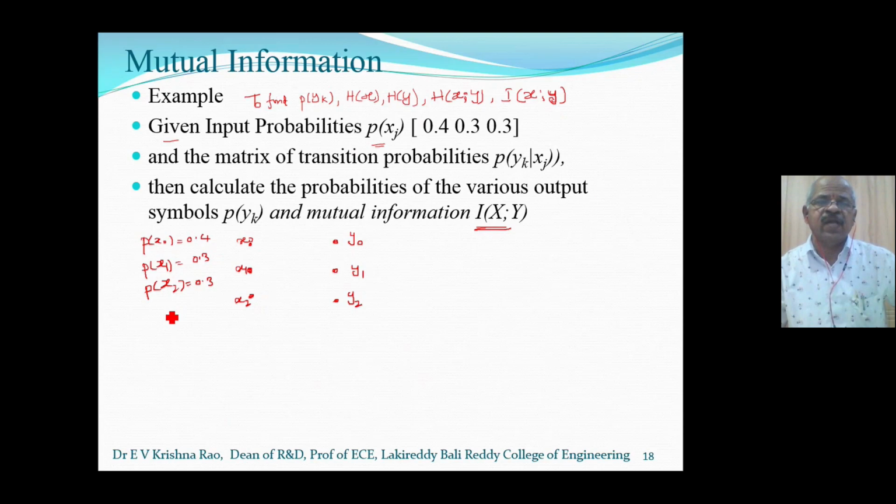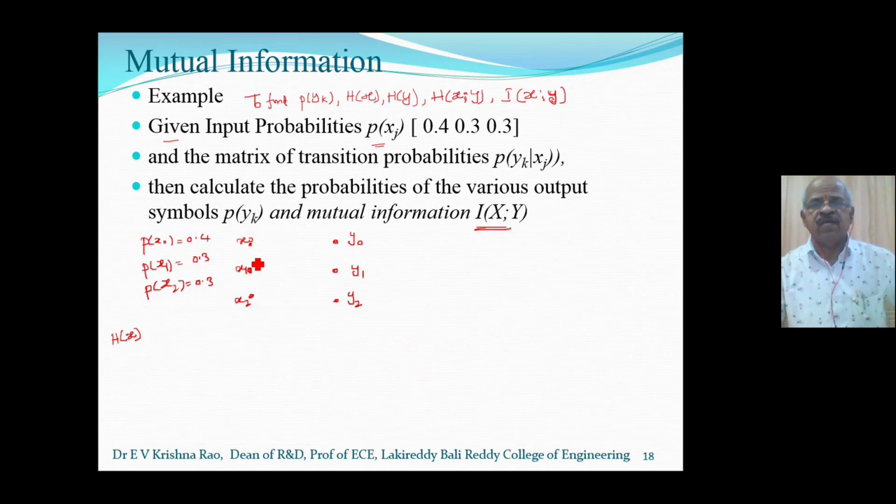Input probabilities are given, so you can find the average information based on the definition: the sum of probability times logarithm base 2 of 1 by probability.